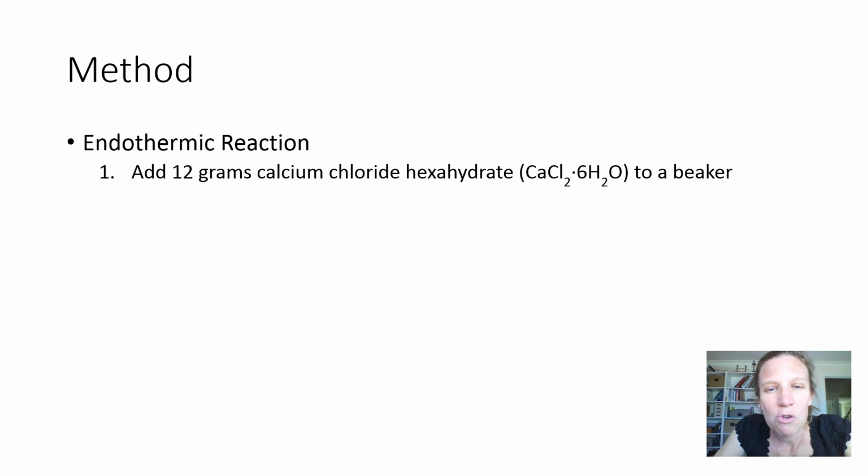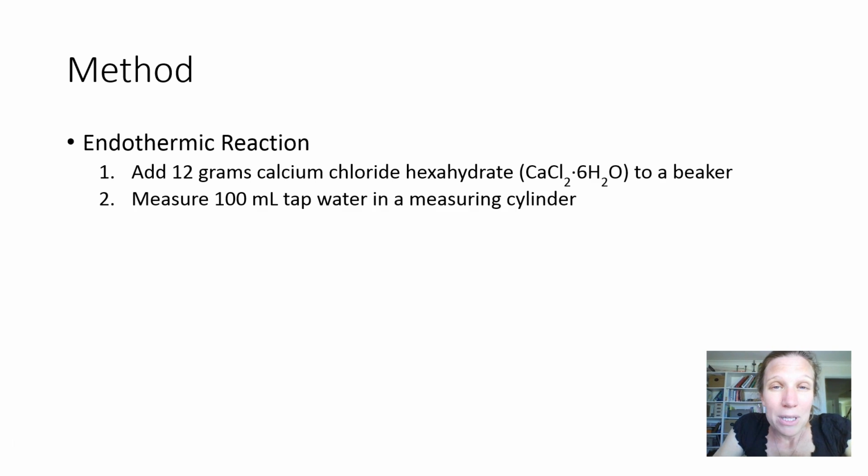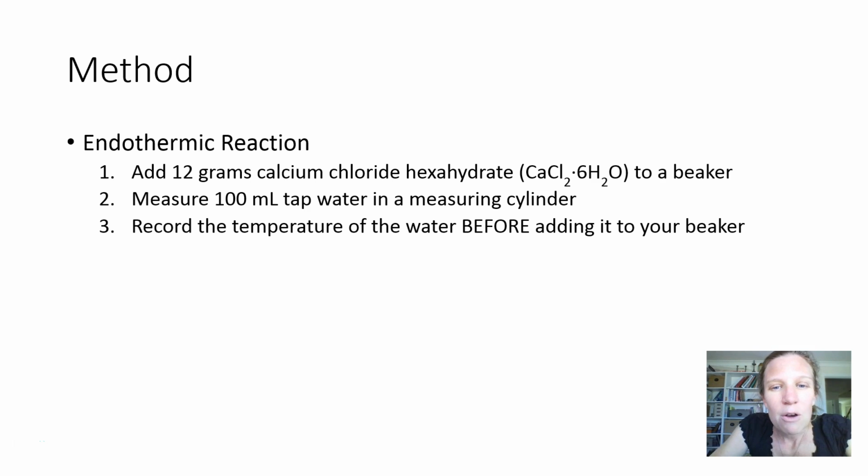It's important that you identify the calcium chloride hexahydrate and make sure that that's the powder that you're using when you're measuring 12 grams. Separately, measure out 100 milliliters of tap water in a measuring cylinder and record the temperature of this water in the measuring cylinder before you add it to your beaker.